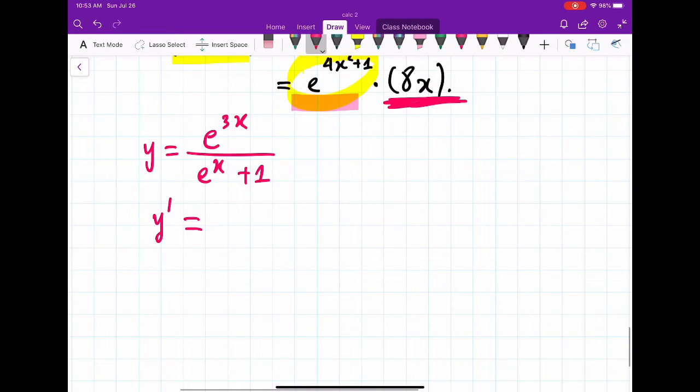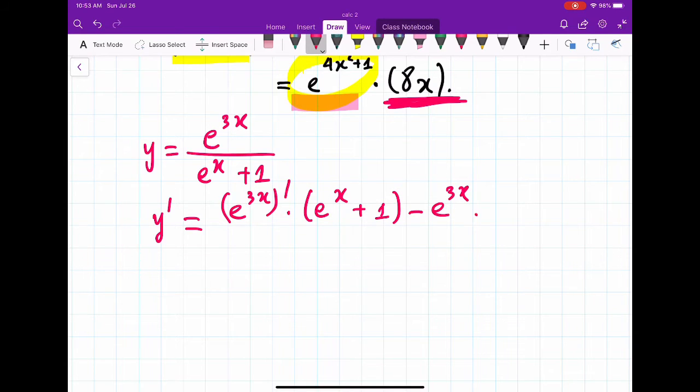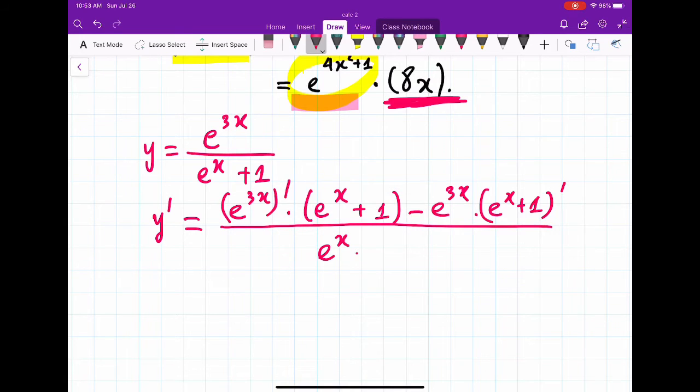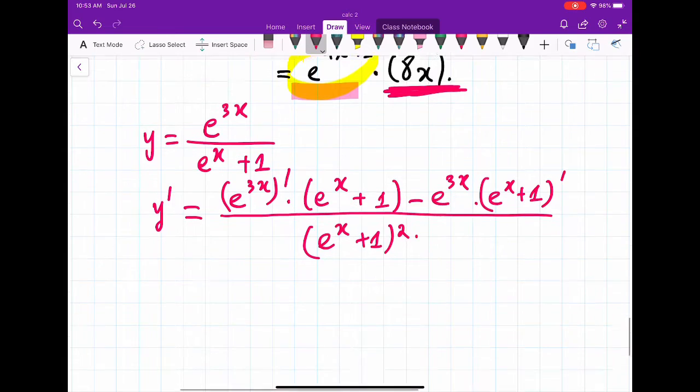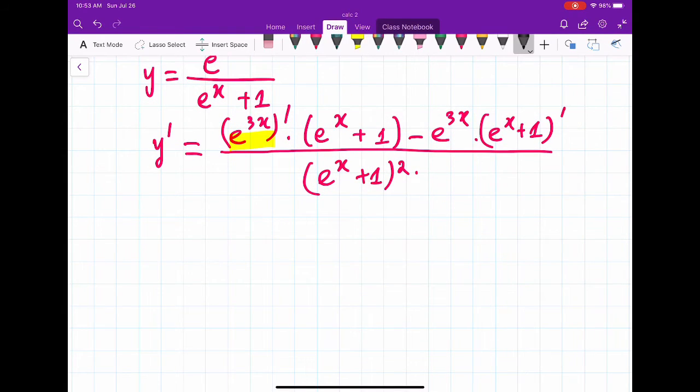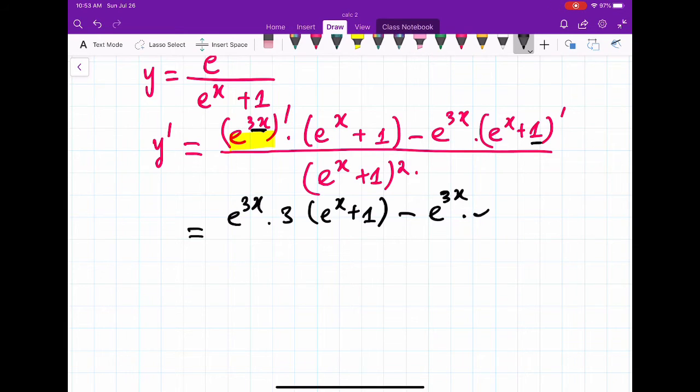I have y prime equal to the derivative of e to the 3x times e to the x plus 1, minus e to the 3x times the derivative of e to the x plus 1, divided by e to the x plus 1 squared. For the first term, I use the chain rule: e to the u times u prime, which is 3, times e to the x plus 1, minus e to the 3x. Here the derivative of 1 is 0, and the derivative of e to the x is itself. So I have e to the x plus 1 squared.